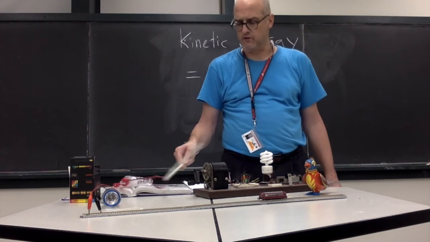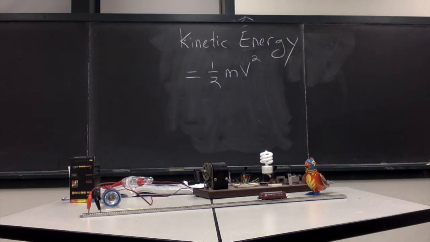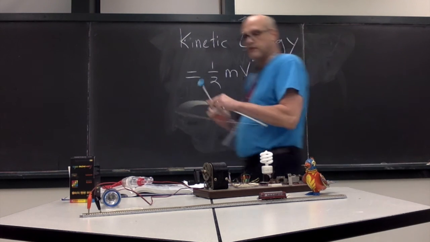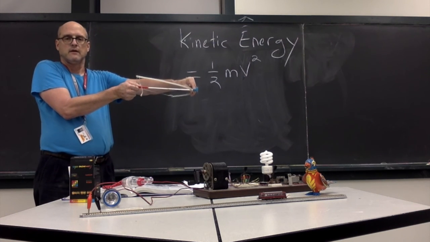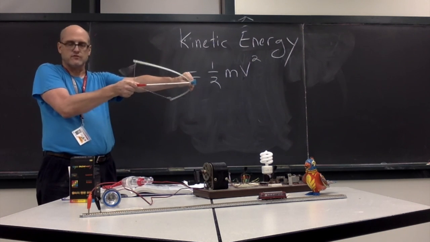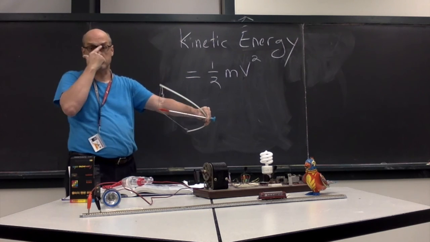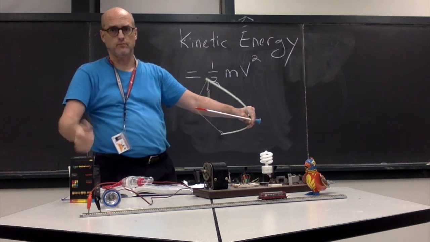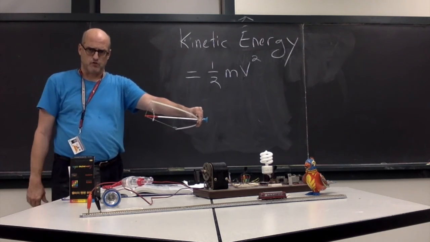So let's go back to this bow and arrow demonstration. So I'm going to do work pulling the arrow back. And then the bow, in turn, so now there's potential energy in here, elastic potential energy, which we're not going to be focusing on in this chapter. We're mainly going to study gravitational potential energy.